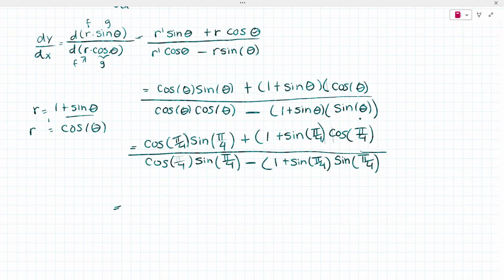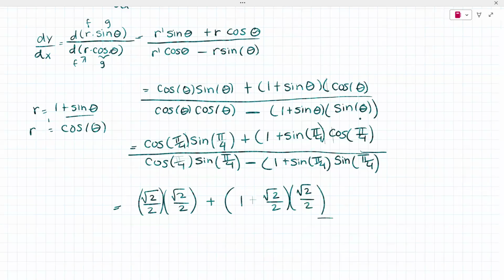So over here you could replace that with positive radical 2 over 2 times sine of pi over 4, which is positive radical 2 over 2, plus 1 plus sine of pi over 4, which is square root 2 over 2, times cosine of pi over 4, which is radical 2 over 2, over the bottom.